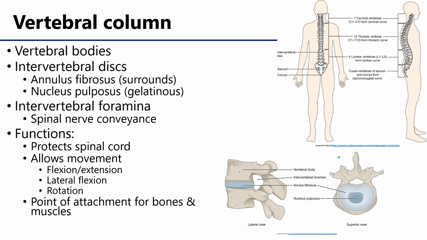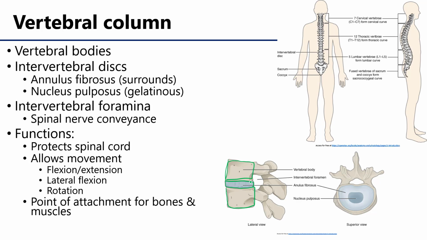So the vertebral column is a series of vertebrae which are interspersed by intervertebral discs. The bodies of vertebrae, we'll get into the specifics of vertebral anatomy shortly, are the anterior elements of the vertebral column, and the intervertebral discs sit between the vertebral bodies.